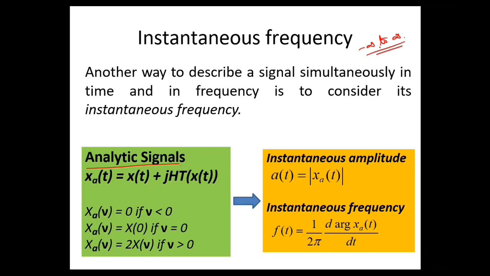Now I have introduced one important term, which is called analytic signals. The analytic signal is given by the equation x_a(t) = x(t) + jh(t), where h(t) is the Hilbert transform of x(t).